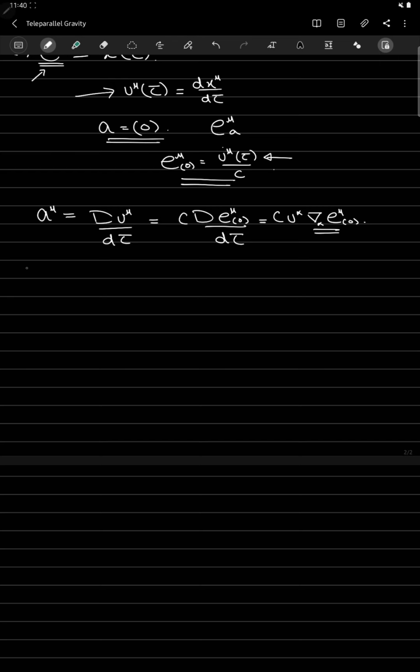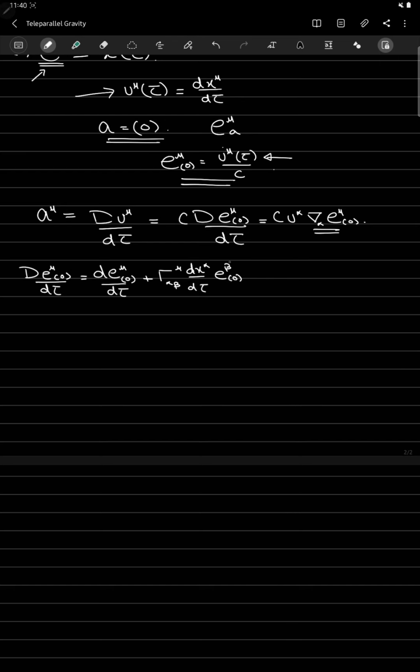And so I can write this derivative De mu 0 with respect to proper time as d e mu 0 over d tau plus the Christoffel symbol mu alpha beta dx alpha over d tau e beta 0.